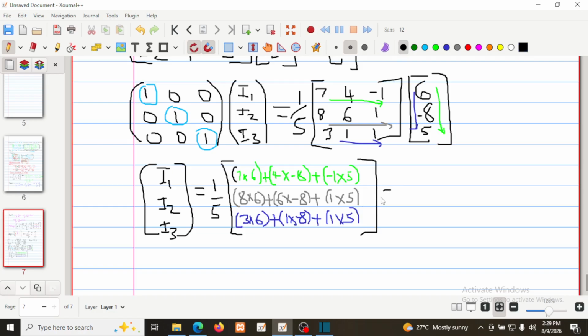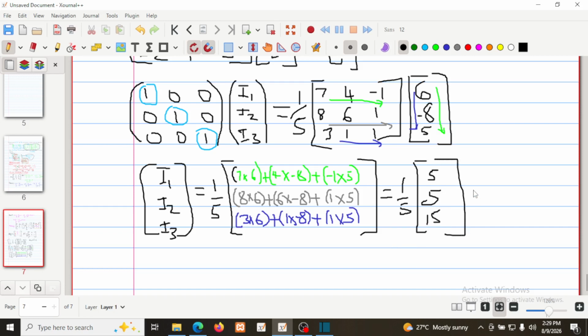So we will get what? We get 1 divided by 5. The first one: 7 times 6 is 42, 42 plus negative 32 is 10, and 10 plus negative 5 gives 5. The next one we will also get 5, and the last one is 15.